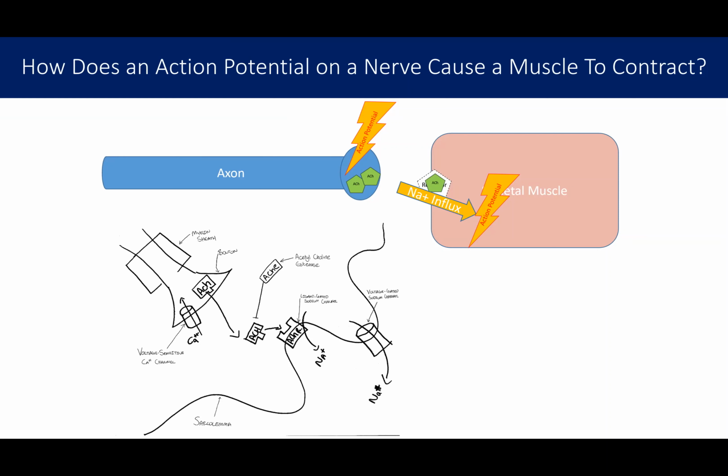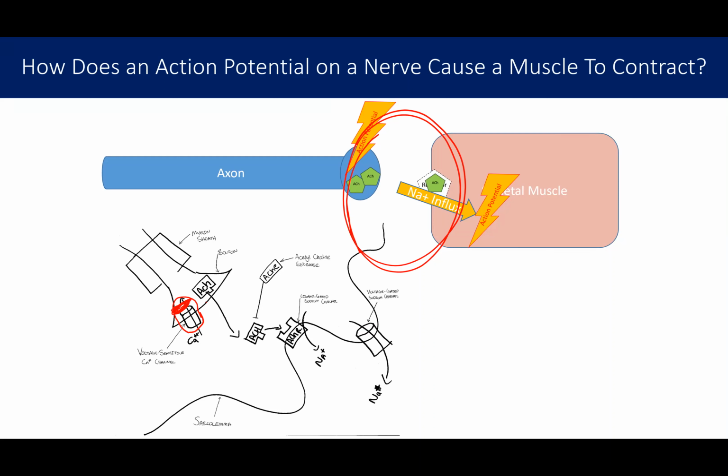First, let's look a little more closely at what goes on in this space here. This is called the neuromuscular junction, the space between the neuron and the muscle. Pretty simple. When the action potential travels down, you're changing the voltage right here at the end. You have a calcium channel that's sensitive to the voltage.